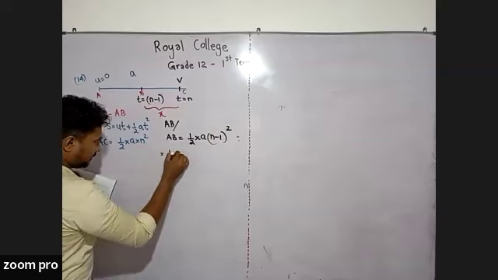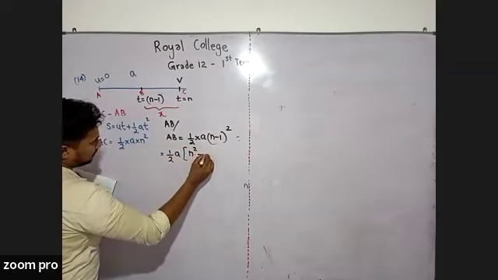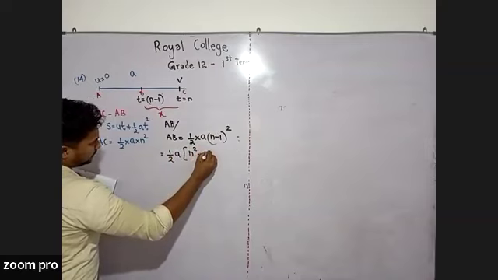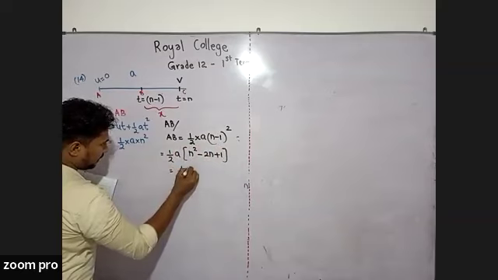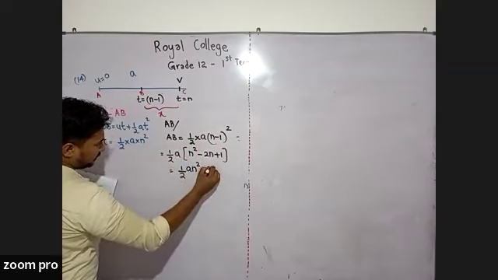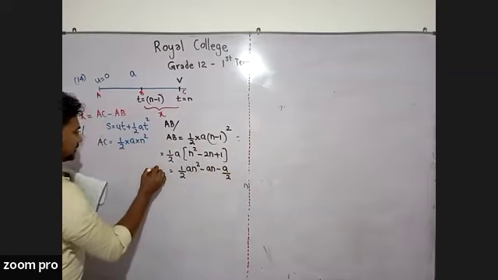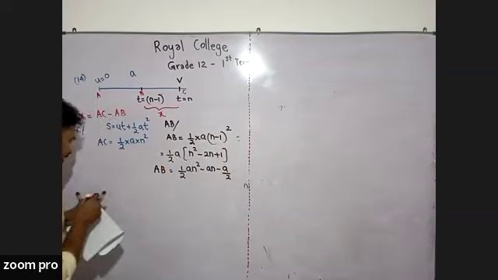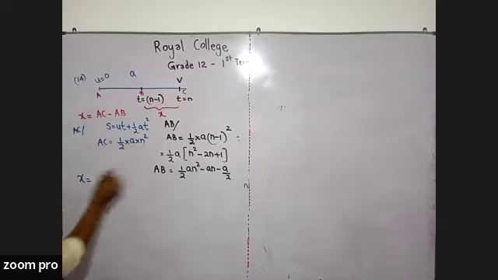If I further simplify this, it can be written as n squared minus 2n plus 1. Then half a n squared minus a n plus a over 2. Right. So this is the value for AB. Now x can be obtained, as we described by this construct, as the difference between AC and AB.